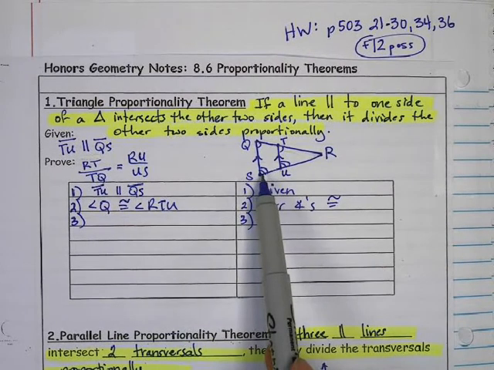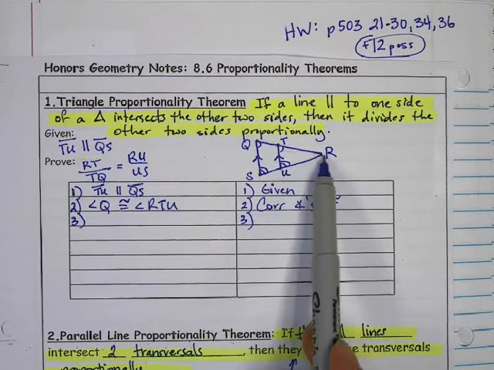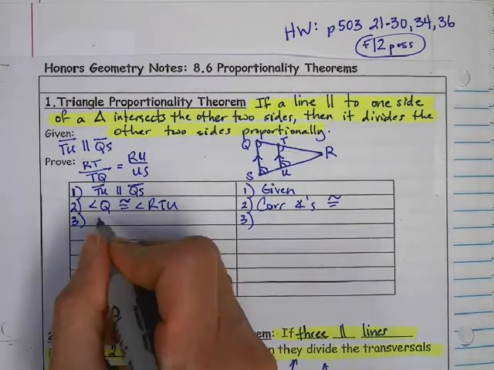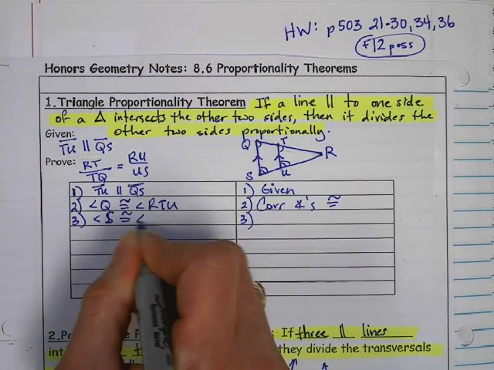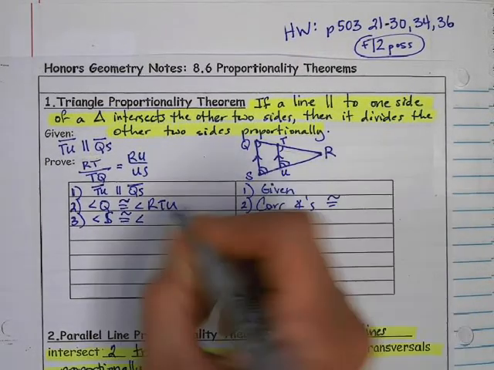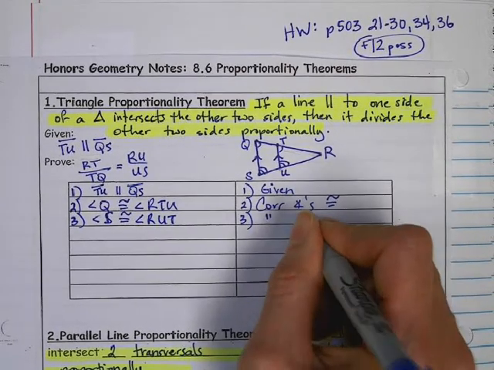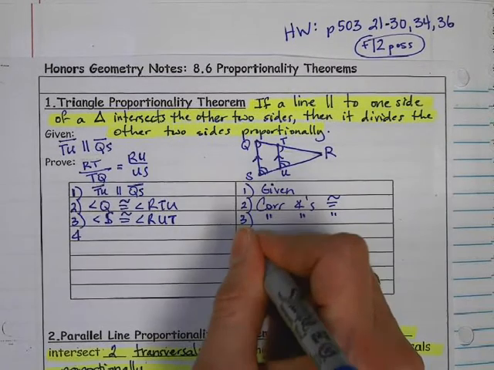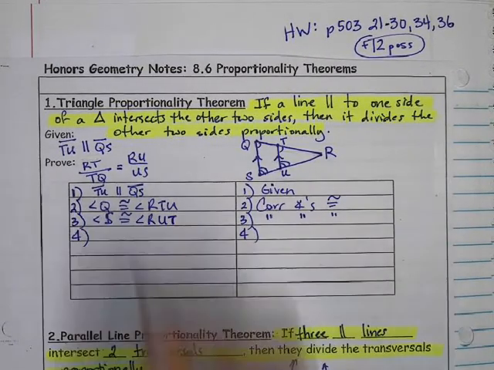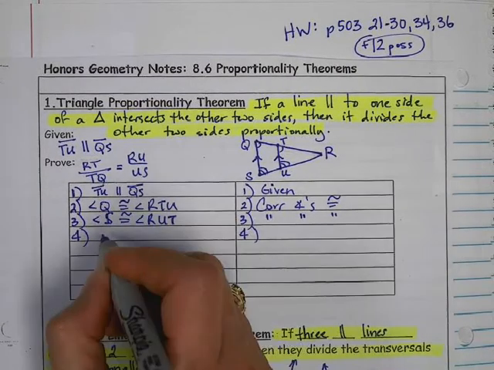In addition, we have angle S is congruent to angle RUT. Same exact reason. Corresponding angles are congruent. Alright, so the next step down is we basically can say that the triangles are similar now.